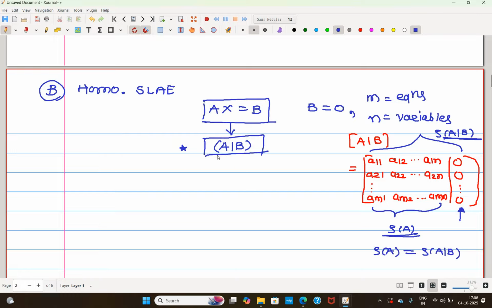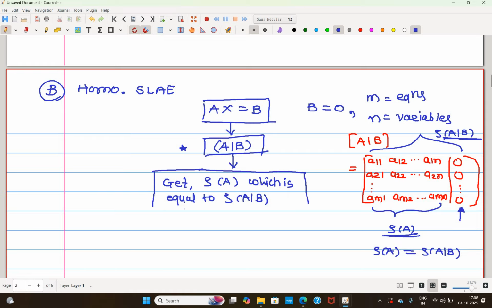And that's why, if you consider an augmented matrix, that may not be needed over here. I can simply find out the rank of A. So I'll write in this flowchart: get the rank of A, which is equal to the rank of AB. So this is the crucial step, and that's why I mentioned this star over here.